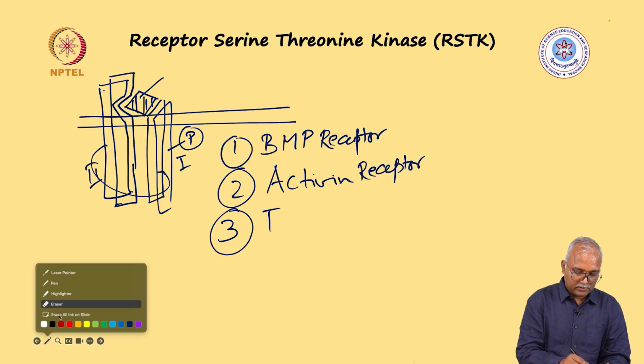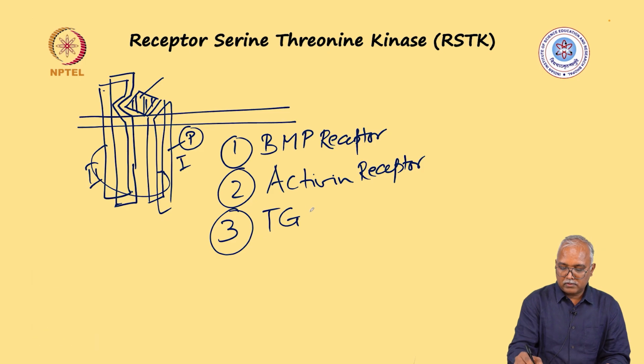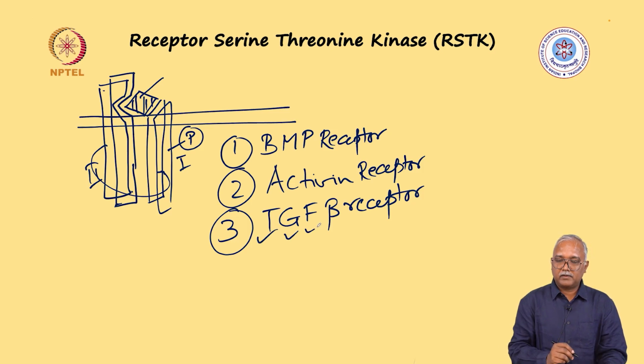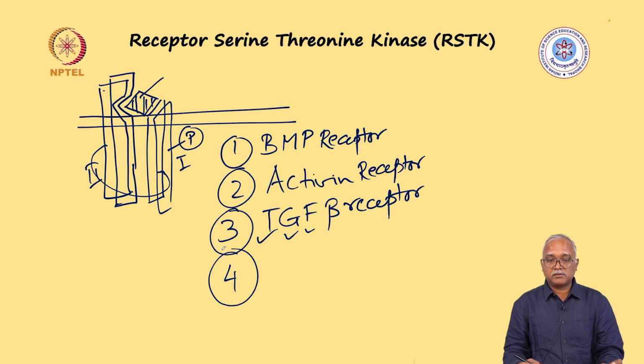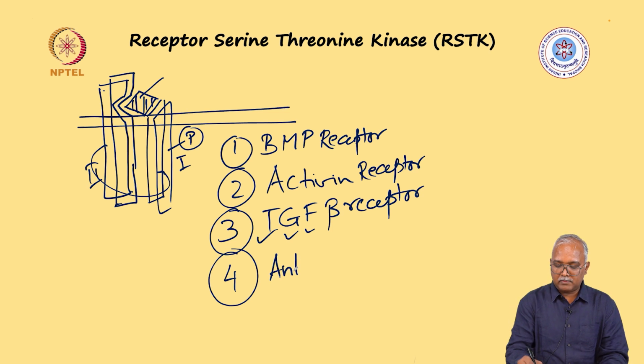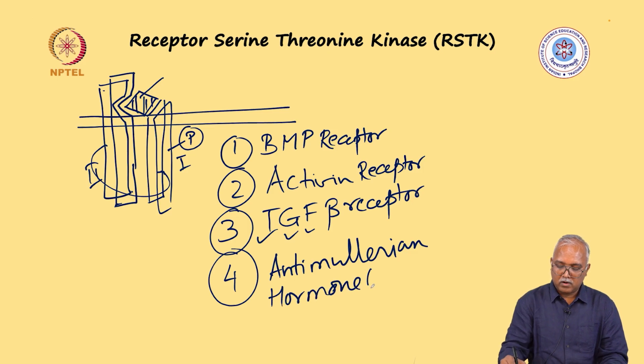If you recollect, I have mentioned this earlier also. Tumor growth factor receptor. This is another type of receptor which is known to be present in the class of receptor serine-threonine kinase, and one very interesting receptor which is not very well understood is called anti-Mullerian hormone receptor, or AMH receptor.